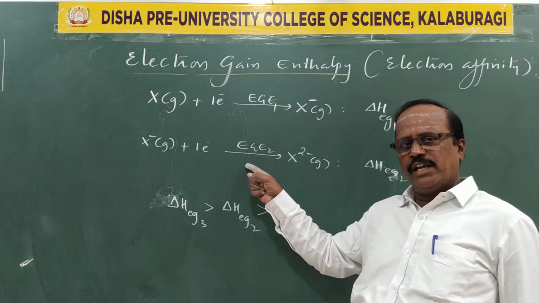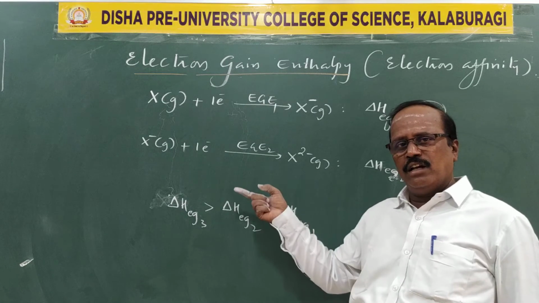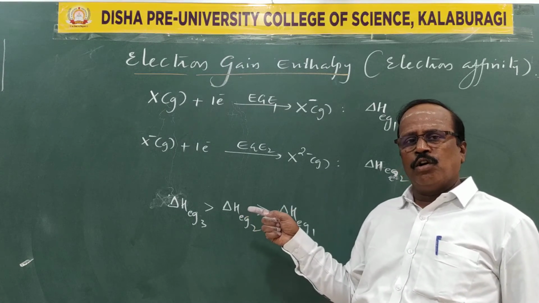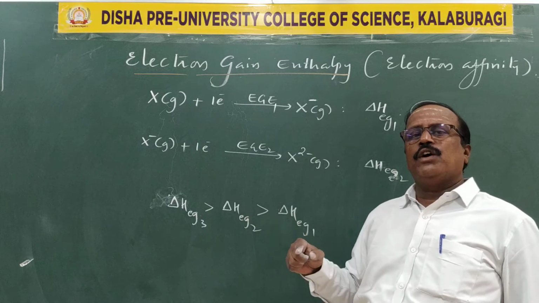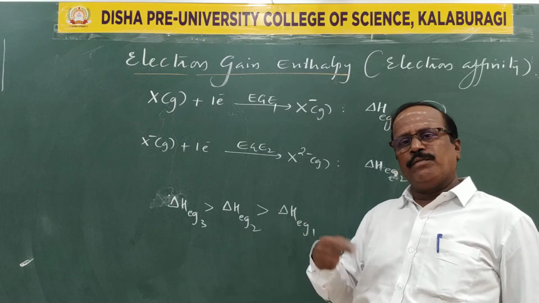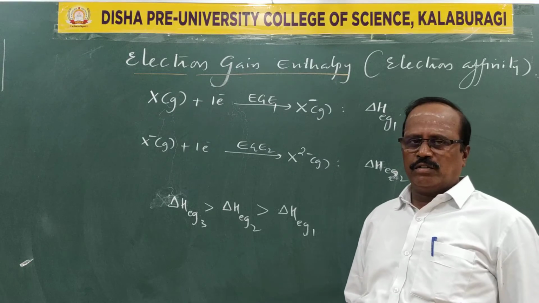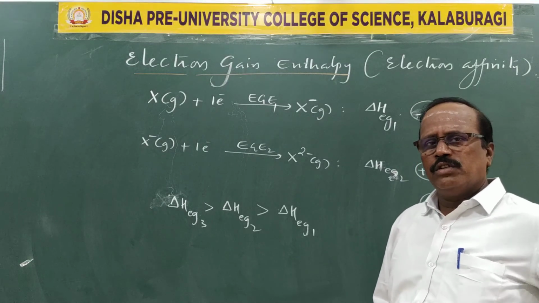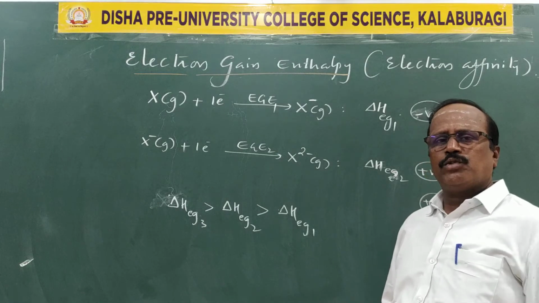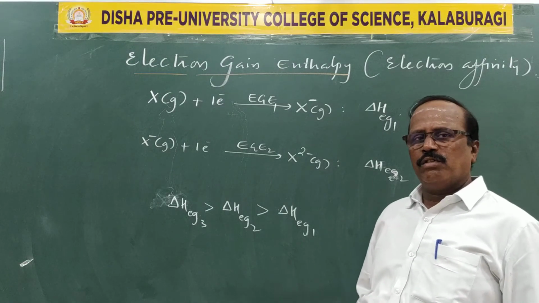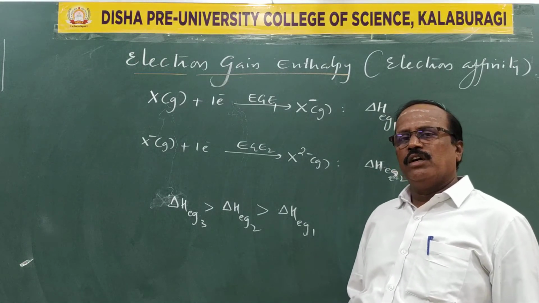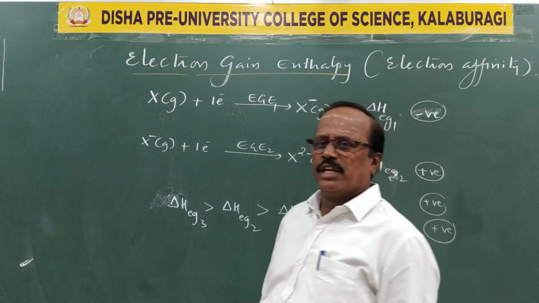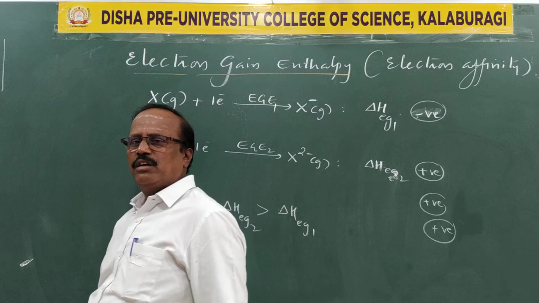But when you try to add a second or third electron, we have to put more pressure from the outside, supplying energy, and then it becomes endothermic. So naturally the first one is exothermic. All subsequent processes are endothermic, positive quantities, and only the first is negative. Hence the third is more than the second, and the second is more than the first.